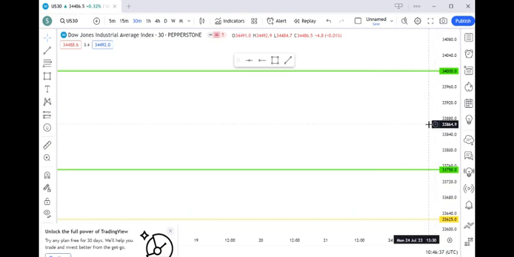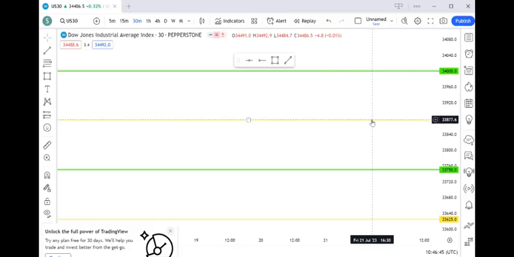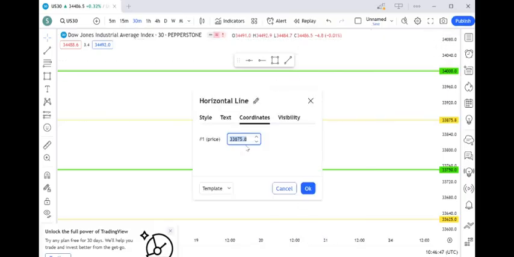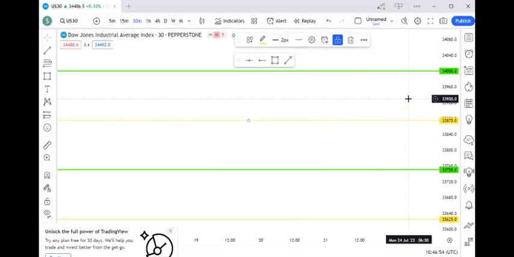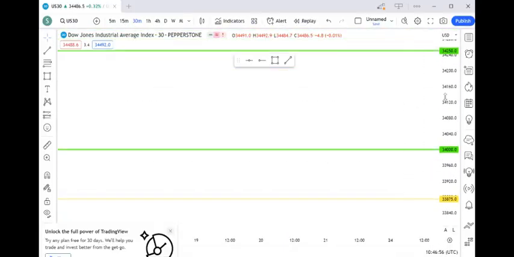33,750. We want 33,875. 34,000. We want 34,125.